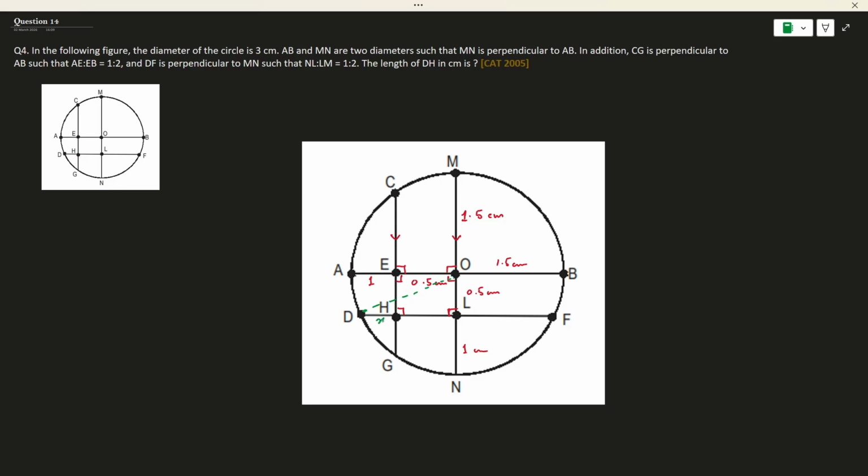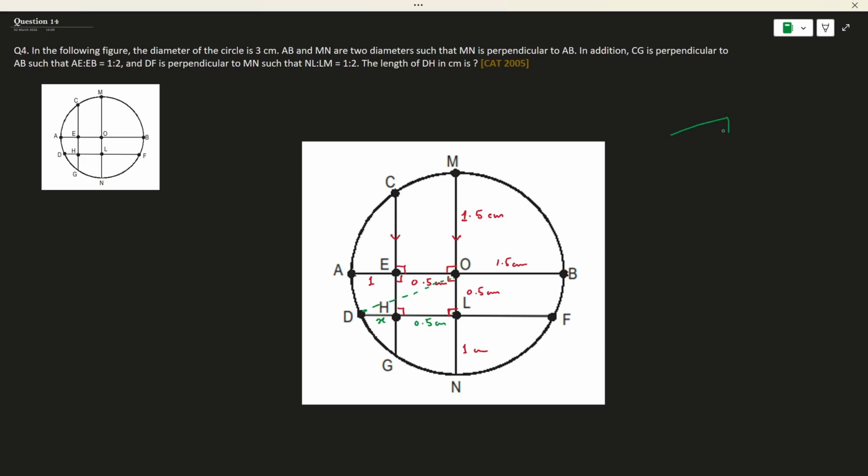Let's say DH is X. And I have already said that EOLH is a square. Why? I know that each angle is 90 degrees, so this is a rectangle. But I also know that the adjacent sides are equal. So that means this is a square. So each side will be 0.5 centimeters. So this is also 0.5 centimeters. Now this is a right angle triangle.